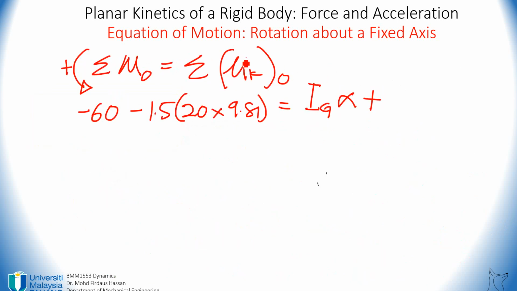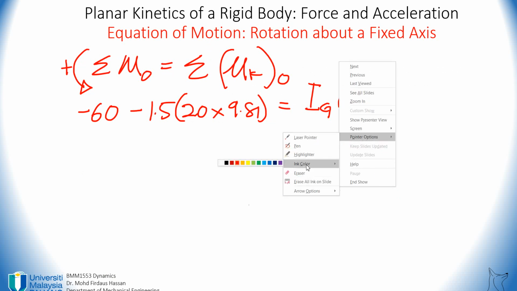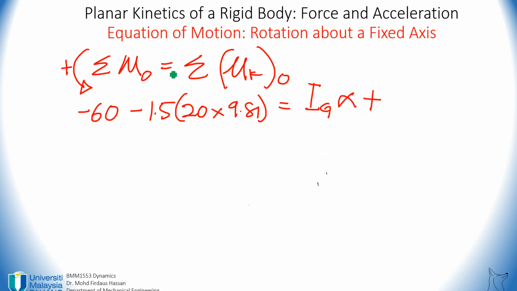If I change the colors, this one, if you refer, all these things come from the FBD. Either it's counted or not, it's another story, but it comes from the FBD.